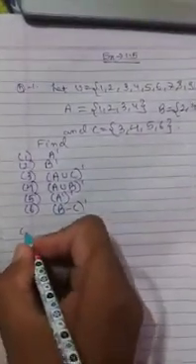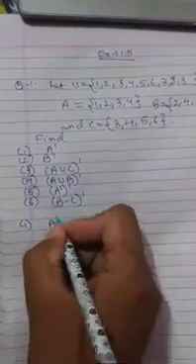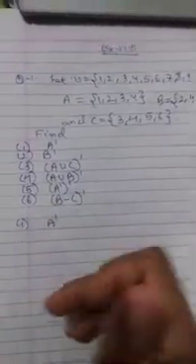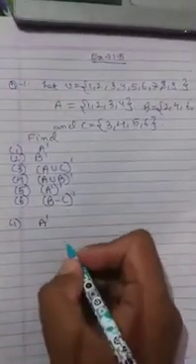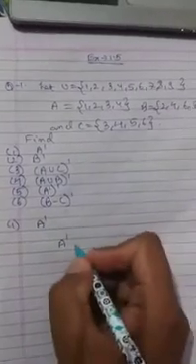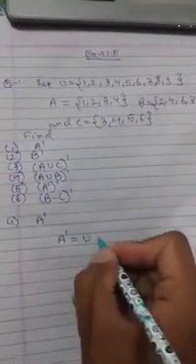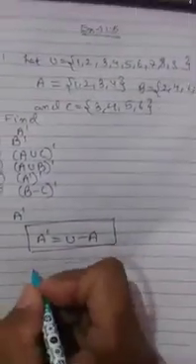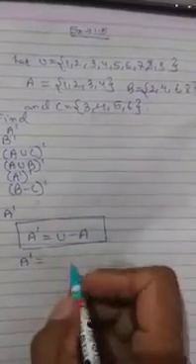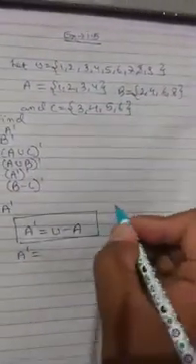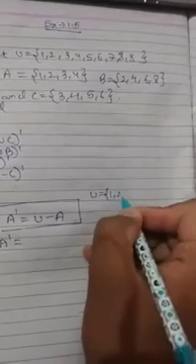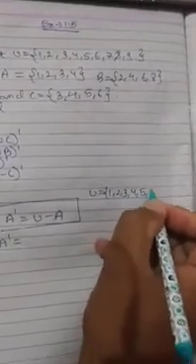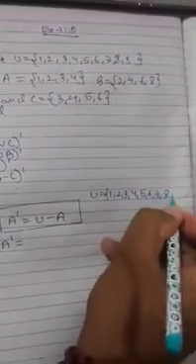Now first of all we have to solve the first part, which is A complement. What is A complement? A complement means U minus A. We already have this formula. So what is U? U is 1, 2, 3, 4, 5, 6, 7, 8 and 9.